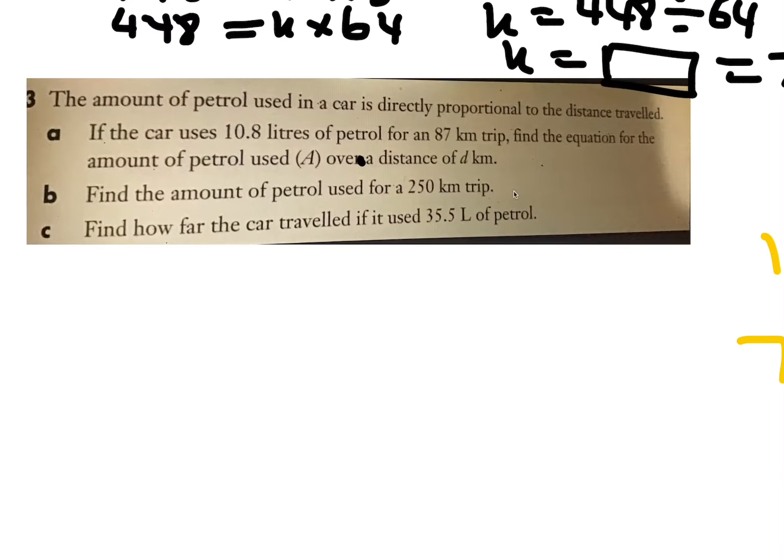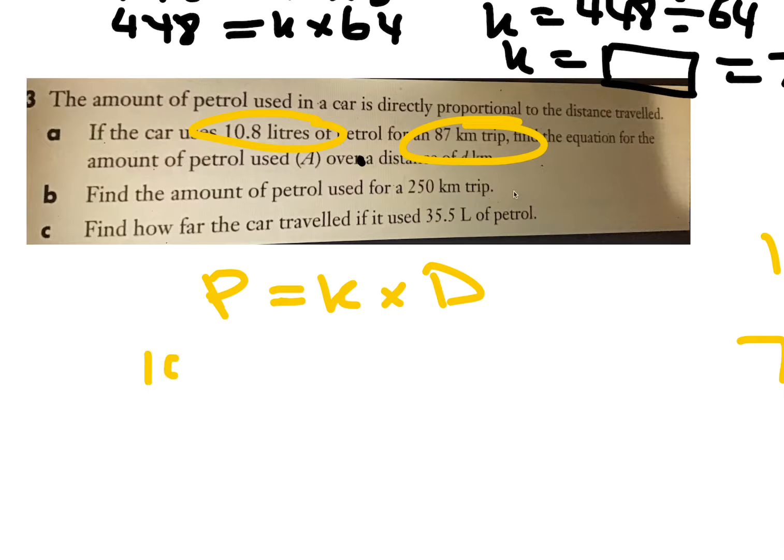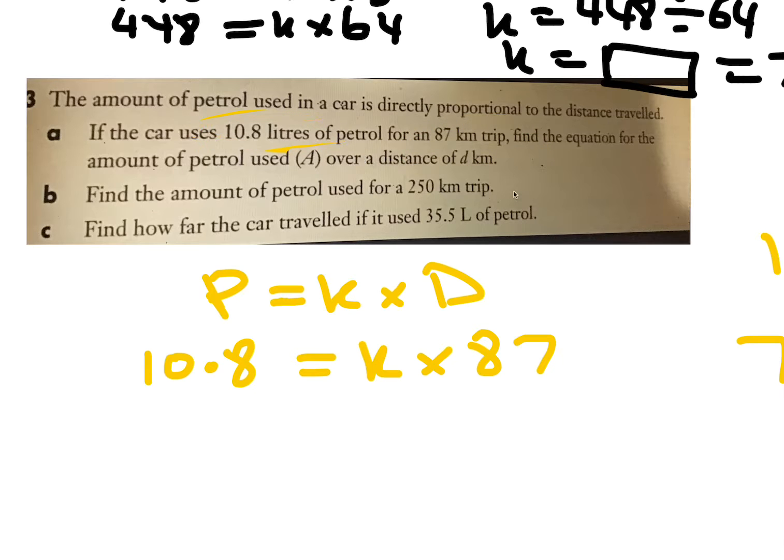Okay, if we look at the next one, the amount of petrol used in a car is directly proportional to the distance travelled. So P equals K times D. So that's your formula. So now we get a bit of information to help us find K. So if the petrol is 10.8 litres when the distance travelled is 87, then you're able to find the value of K. K is called the constant of proportion.